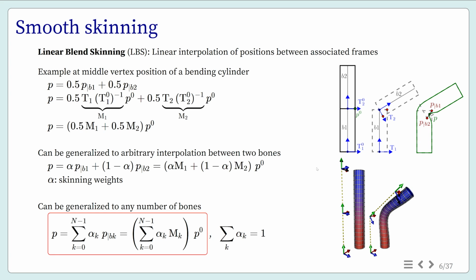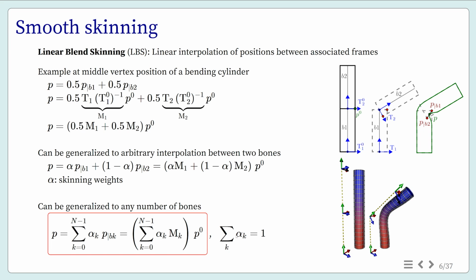And if we now consider a generic shape that can contain any number of bones, not only two bones, then we can generalize it to an arbitrary number of n bones, and we can say that P is equal to the summation over all the bones of the associated skinning weights, alpha k, times the position given by a given bone, or in other words, the summation of alpha k times the transformation matrix Mk, and everything is applied to the position P0.